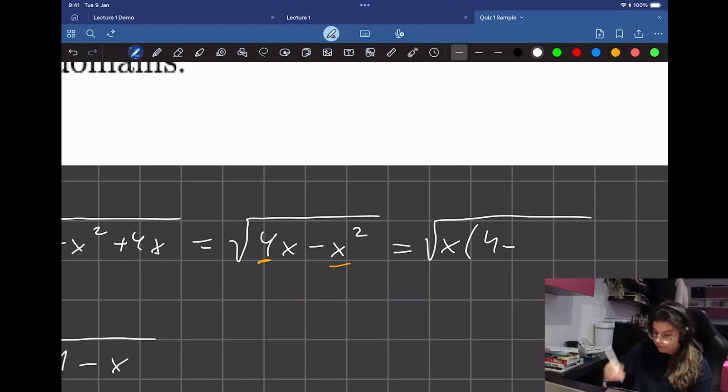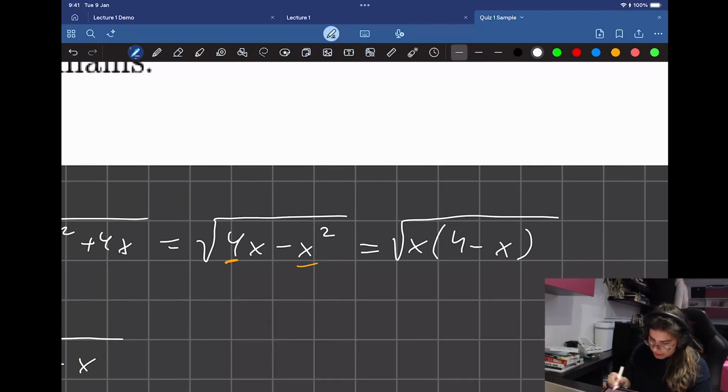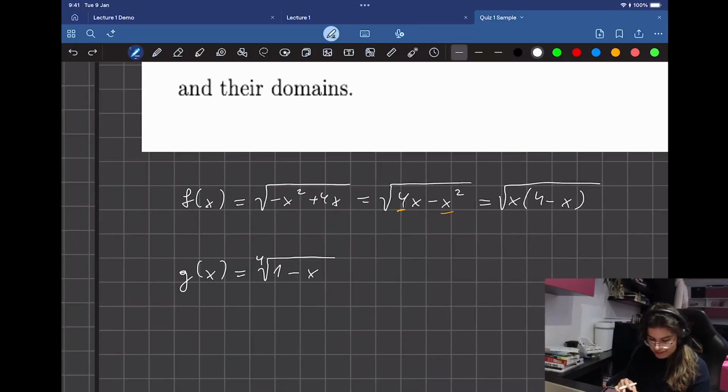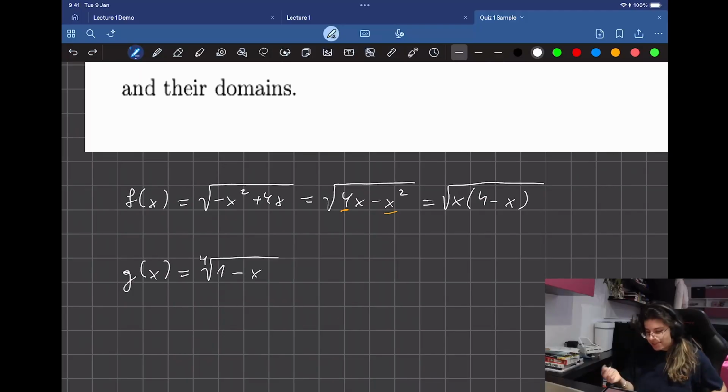I don't think I can simplify this further. Let's see if we can simplify g of x. Not really. There isn't much we can do here, so that's pretty much it. What's the next step? Next step is to find the domains of the separate functions.